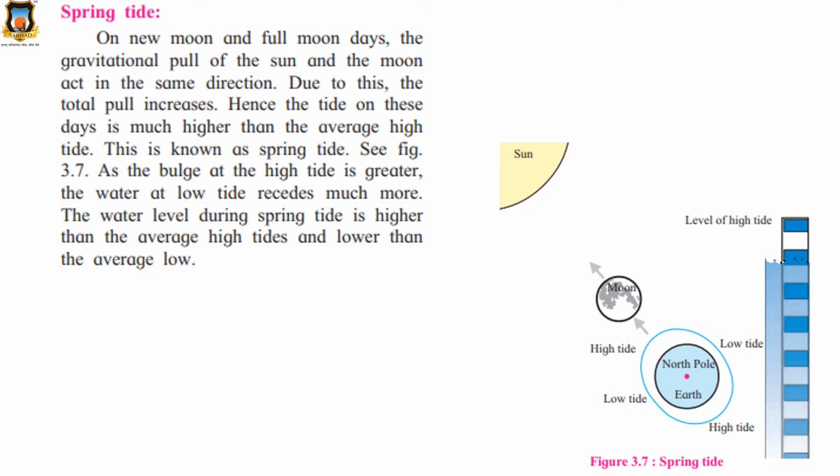On the new moon and full moon days, what are we going to see? Spring tide. You can see over here spring tide. Clear? So on new moon and full moon days, the gravitational pull of the sun and the moon act in the same direction. See, on the new moon and full moon day, how is the position?